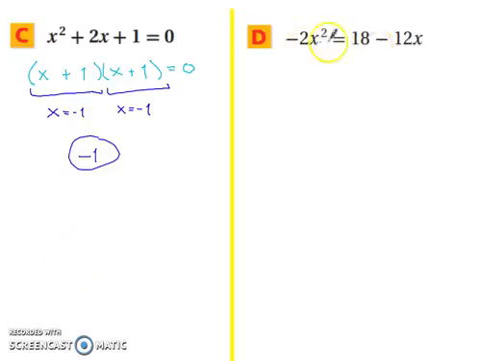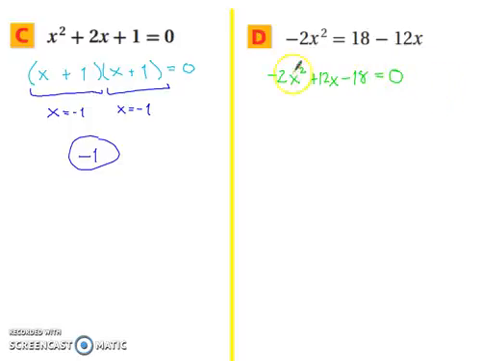Alright, so notice how we need to get all of our values to the same side of the equation. As a rule of thumb, we move everything to the side with the highest power. So we're going to have negative 2x squared plus 12x, because we're moving it to the other side, so it switches its sign, and then minus 18 equals 0.